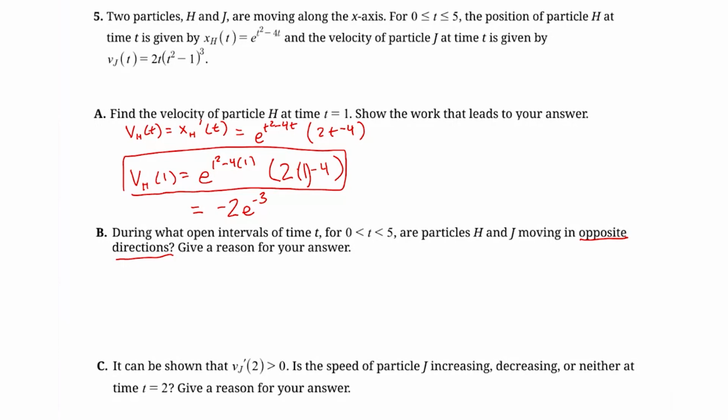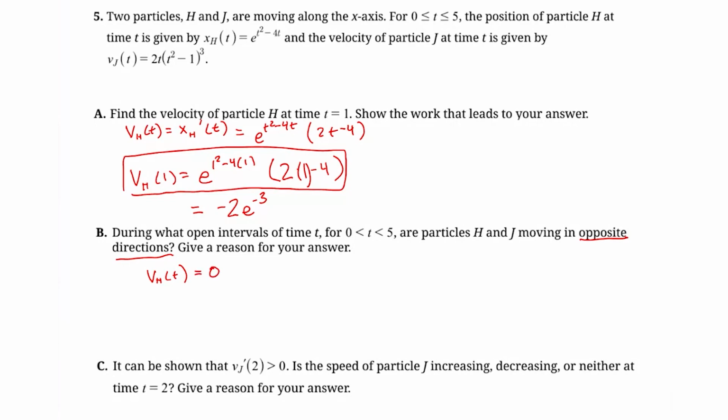So what we need to do is analyze the sign of vh and vj, the two velocities of the two particles, and figure out when are they positive, when are they negative, and to answer this question, we need to say when are they different? Okay, so we've got basically two things here. One is vh of t.